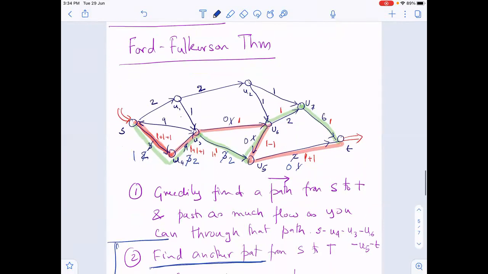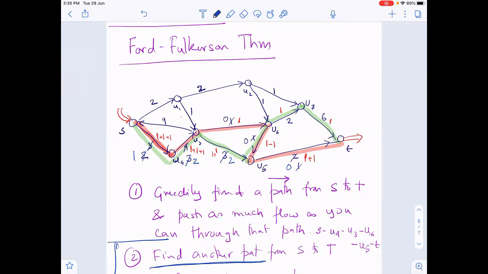Now, is it clear? Is this algorithm clear? The augmented part is not clear.